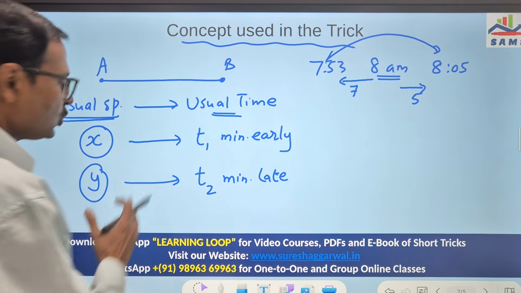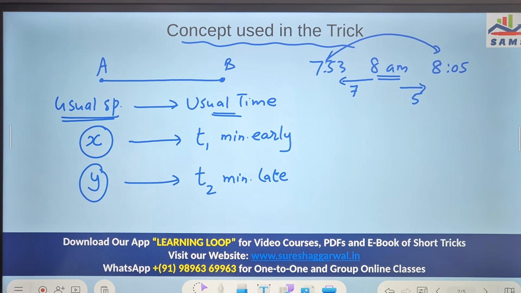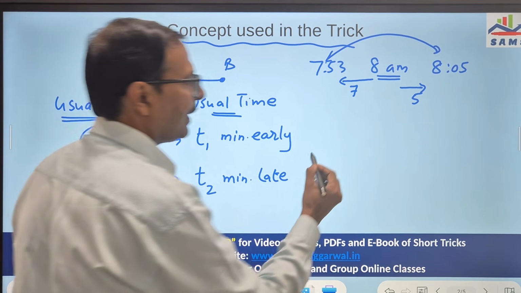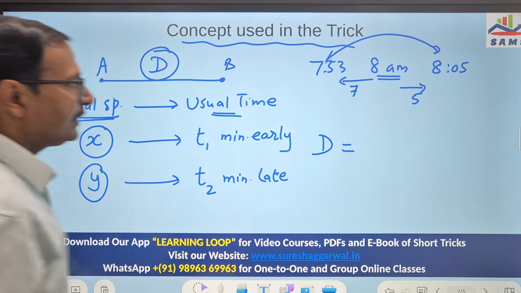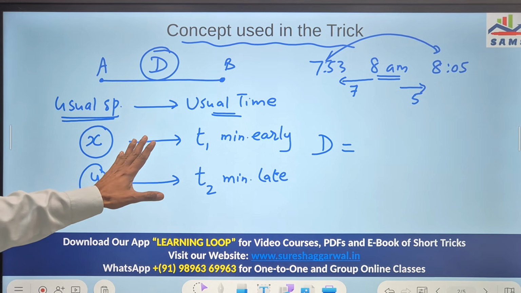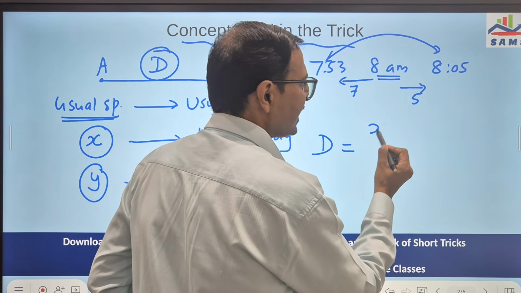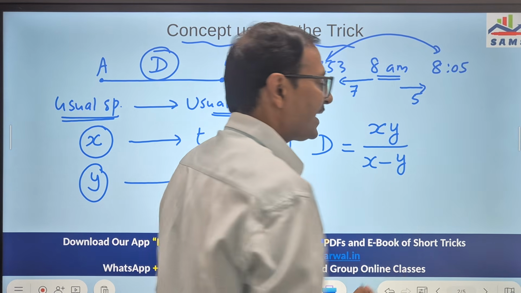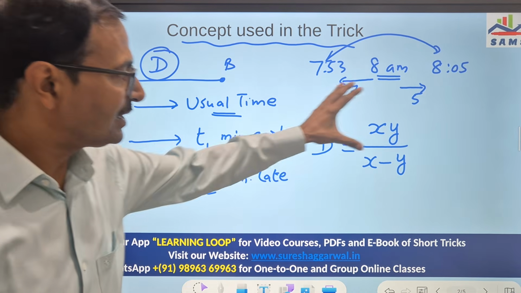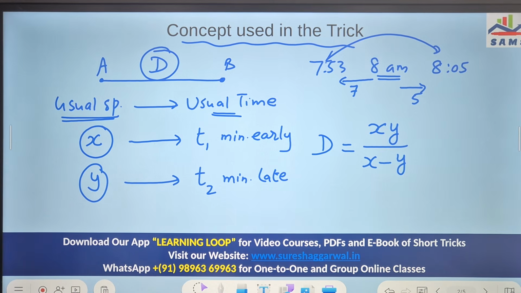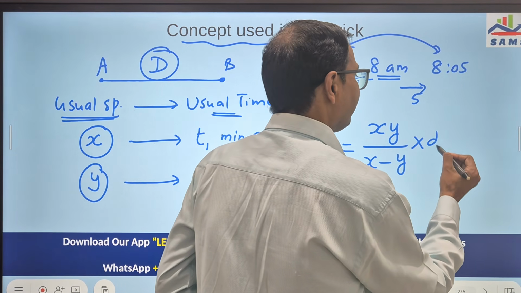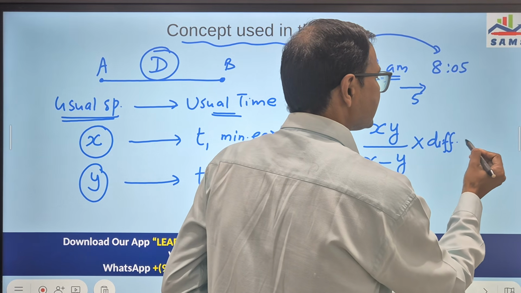So what am I going to do? I am going to find the distance d by using a direct relationship: the product of speeds xy over the difference of speeds x minus y, which is the speed part, multiplied by the difference of times.